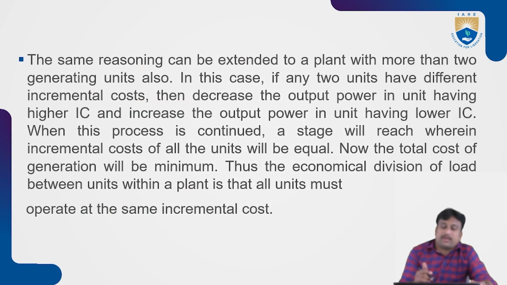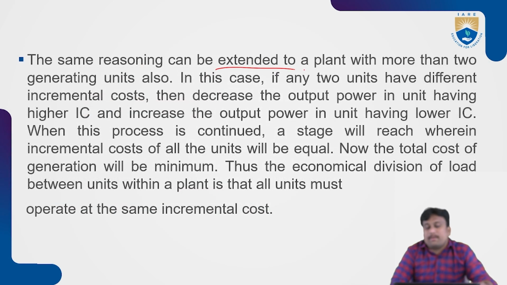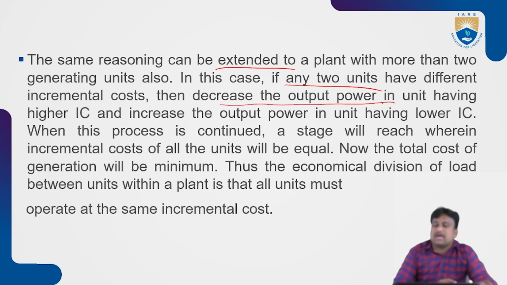The same reasoning can be extended to a plant with more than two generating units. If any two units have different incremental costs, then decrease the output power in the unit having higher incremental cost and increase the output power in the unit having lower incremental cost.